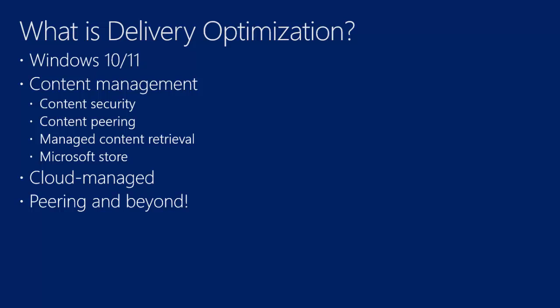So think of it this way. Take two examples, two of several. Delivery optimization supports working with apps that are installed from the Microsoft Store. Delivery optimization works with deploying software updates, right? Both of those are content pieces, and when you have a new content piece published, you have to also make delivery optimization aware of that content.